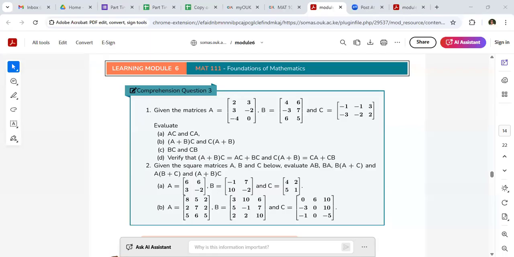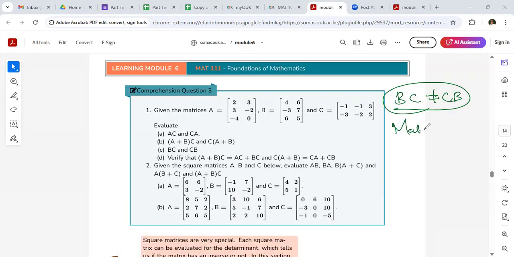So AB is not equal to BA. In general, matrix multiplication is not commutative.